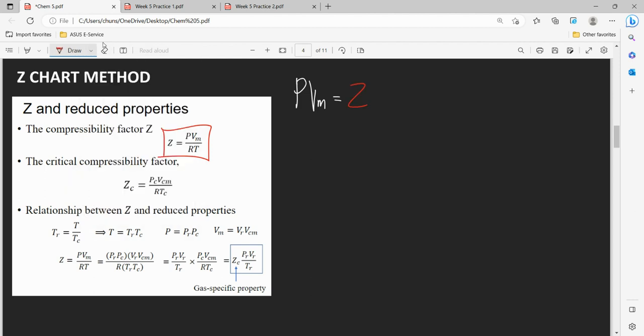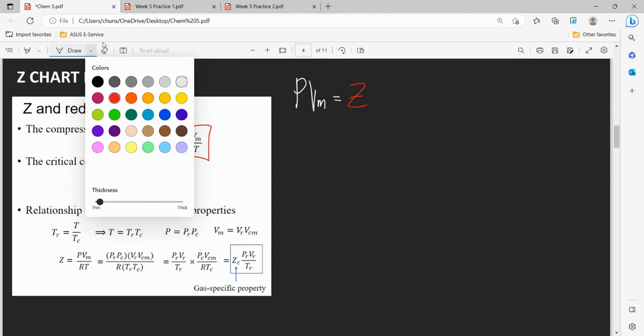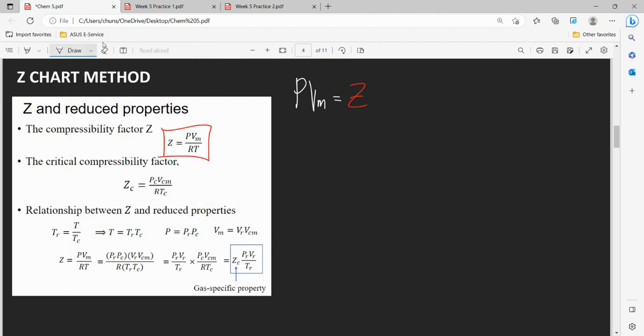On the right side of the equation, that Z is going to be acting as a coefficient to this RT. There are different ways to solve for our Z. This first method requires graphical analysis, but we have to calculate some in-between properties.